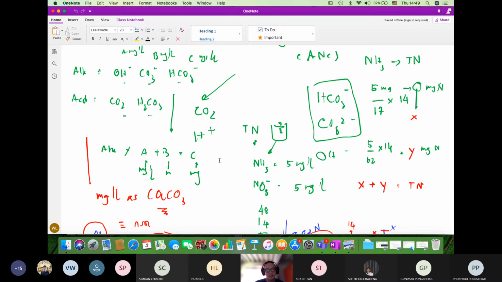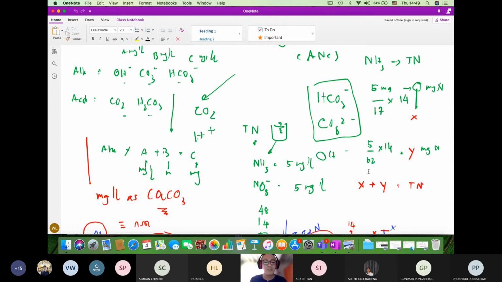The most abundant ion present in water is carbonate. That is why we normally refer to calcium carbonate to report the value. Okay, so this is some background I was trying to give you.